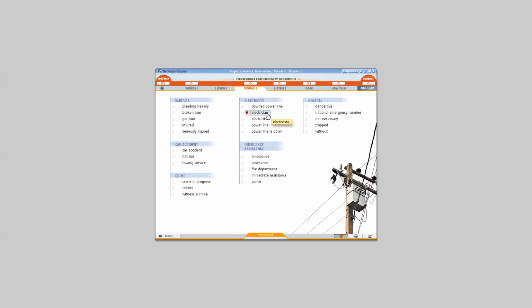Electricity. Power line. Power line is down.